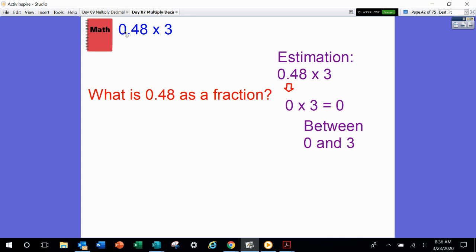So let's go ahead and change this 48/100 to a fraction. I'm going to multiply by 3, but this time I'm not going to use that repeated addition. I'm going to use a different technique that we're pretty familiar with from earlier in the year. 48/100 as a fraction would be, go figure, 48 over 100. I'm going to multiply that by 3. Now, say it aloud.